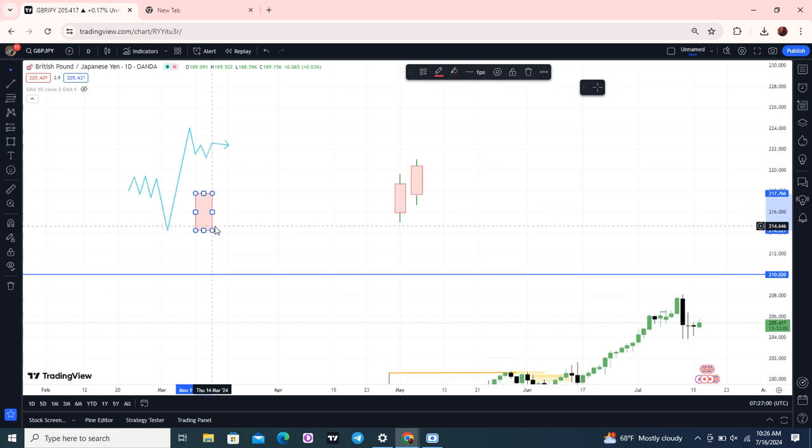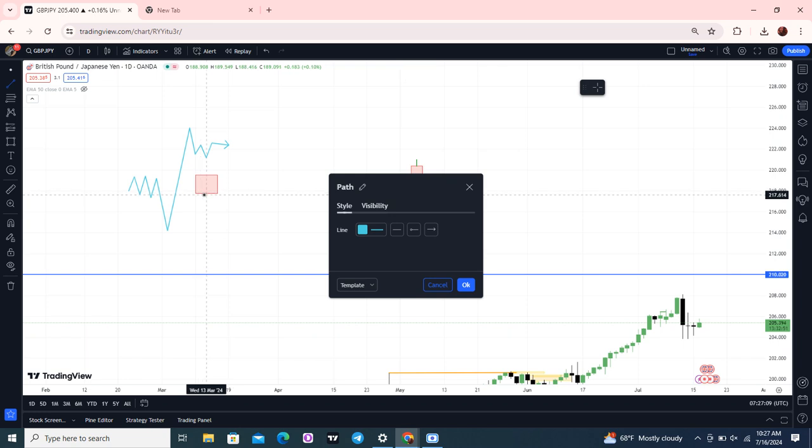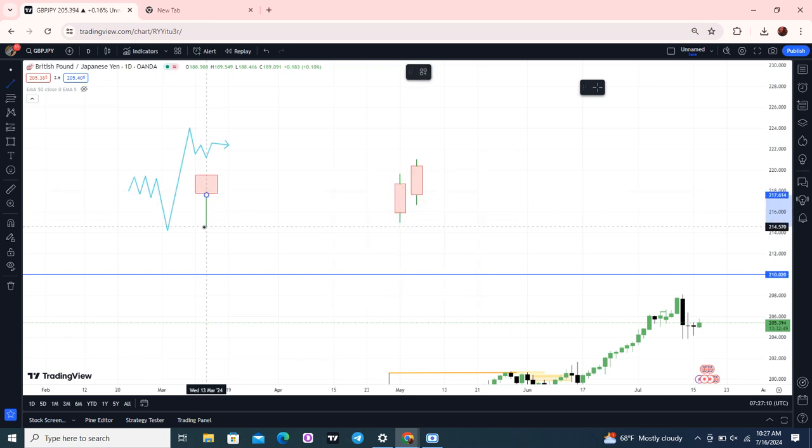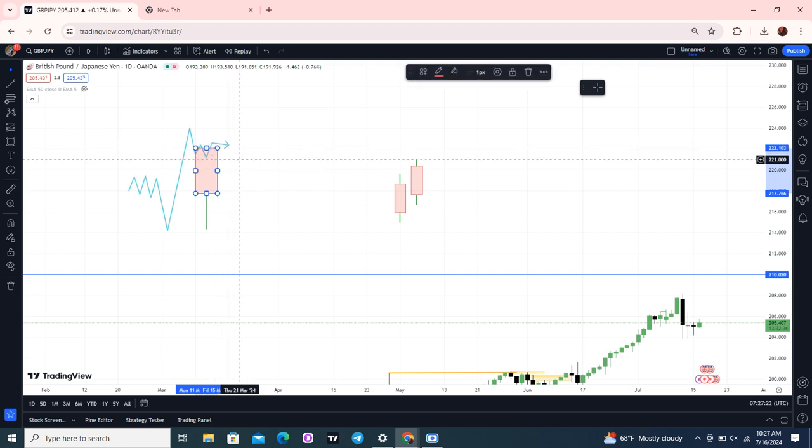Then after that, we shall have it come back, create a wick down. Let me put the wick such that you see it. It will leave a wick down. That was the manipulation wick. Then it will go up for this price, then it will come back again when it's crossing, and it crosses here. So it will also leave a wick here.